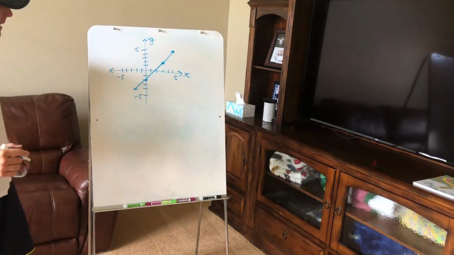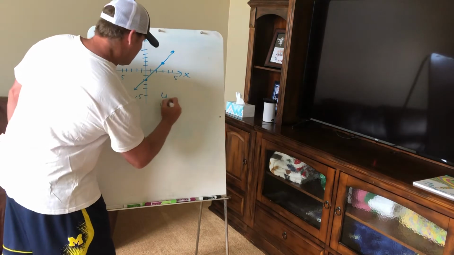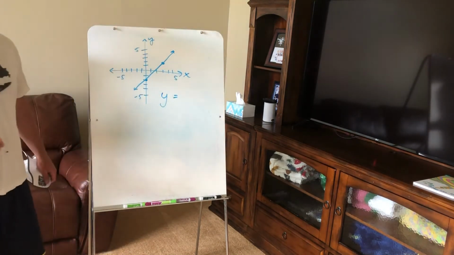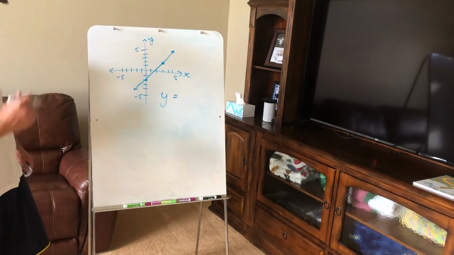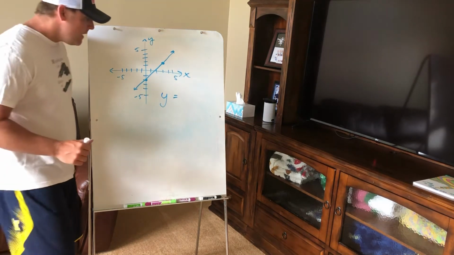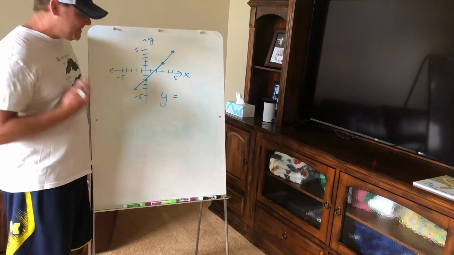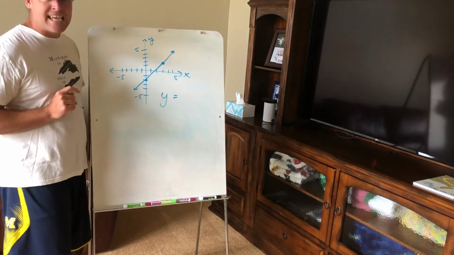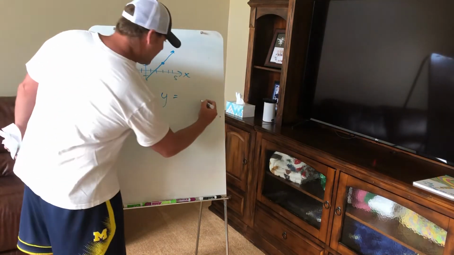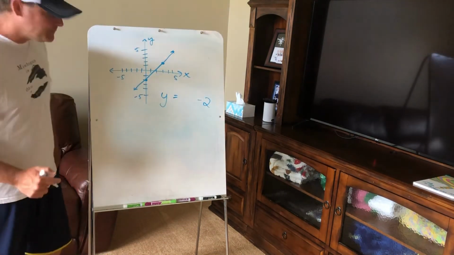Okay? We know our answer has to be y equals mx plus b. I always start with the y-intercept. The y-intercept is at negative 2. So I'm going to write down negative 2.